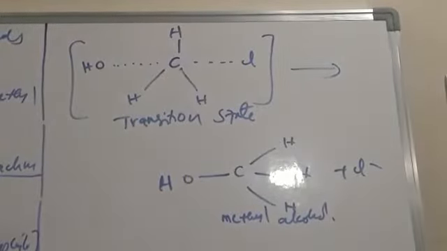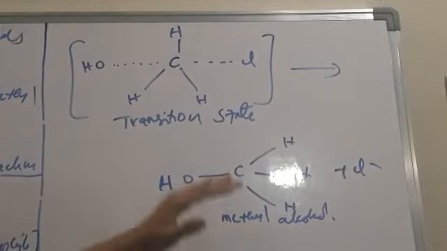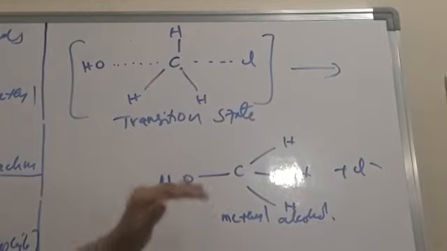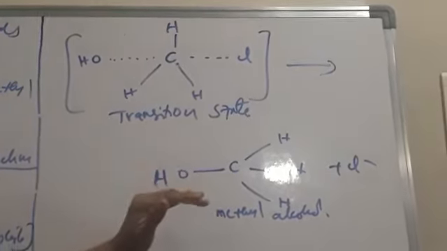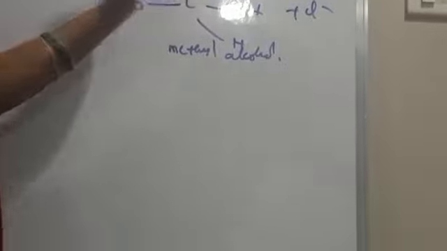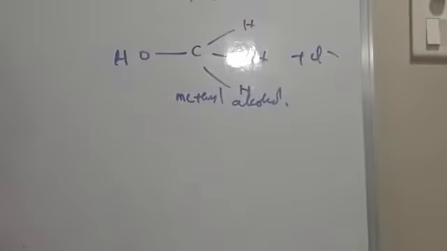Due to this, we get the final product, methyl alcohol, having completely inverted configuration compared to methyl chloride. You see in methyl chloride all the hydrogen atoms are at the left side, but here all the hydrogen atoms are at the right side. So complete inversion takes place in the configuration of the final product.